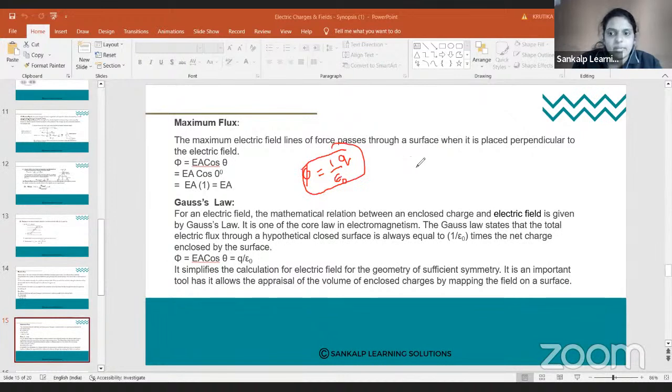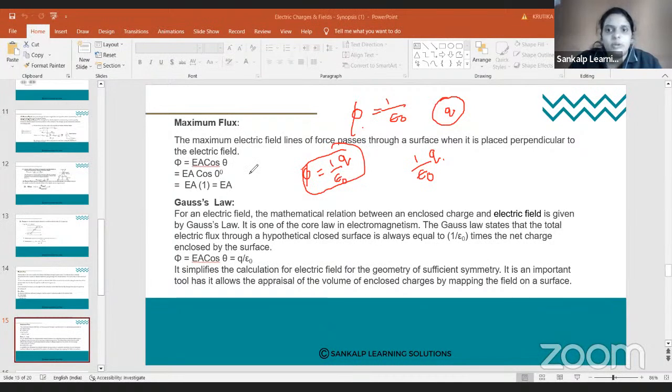Gauss law is defined as 1 upon epsilon naught times the total charge enclosed by the system. If you consider this as a system, how many charges will be there? That 1 upon epsilon naught times the charge will give the flux of the body. Understanding? So this is about the flux and the Gauss law.